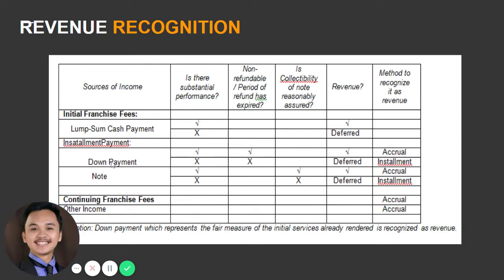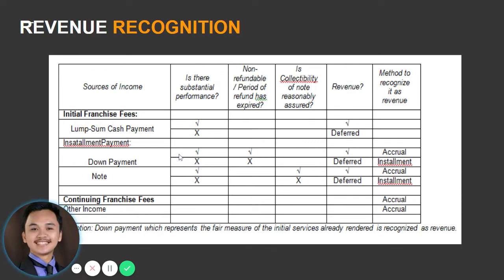Now, another method of paying your initial franchise fee is through installment, meaning there is a down payment and the remaining balance will be paid on an equal installment basis or through the issuance of notes payable or a promissory note. In recognizing your down payment as your initial franchise fee, again, we also have to assess whether there is already substantial performance or none yet.